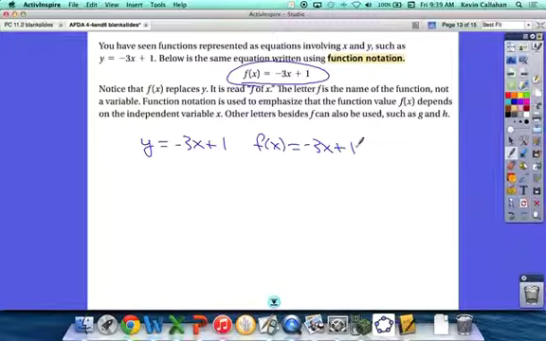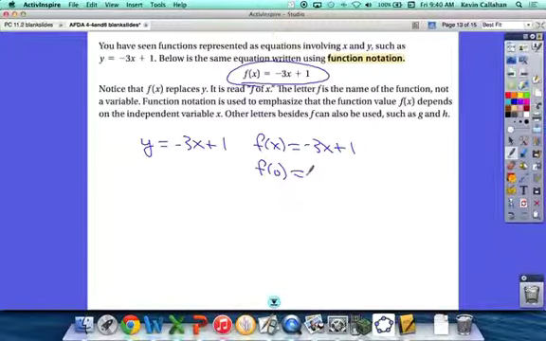And then if I want to find the value, let's say I was going to do my function rule or graph it, making a table of values. Let's say I wanted to plug in x equals 0 here to find the value of y. Using function notation, you would say f of 0. And how do you evaluate f of 0?